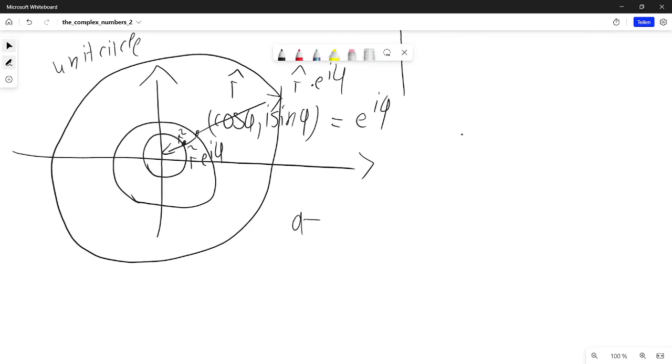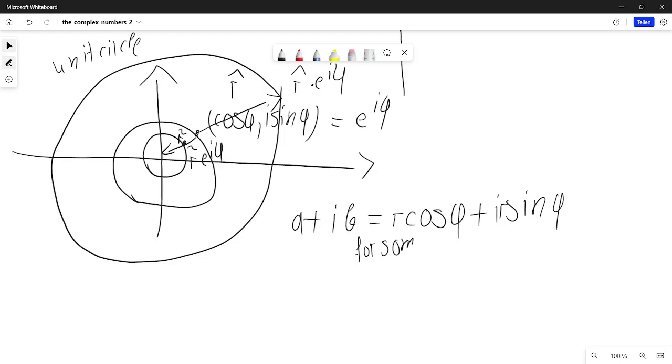It's just any complex number a plus i b is nothing else but for some phi, r e to the i phi, plus some unique parameter. If you want it to be unique, then we just have to restrict that angle because otherwise it could go in a spiral.